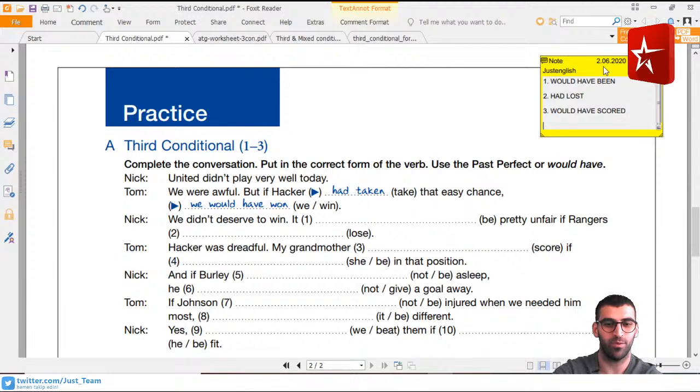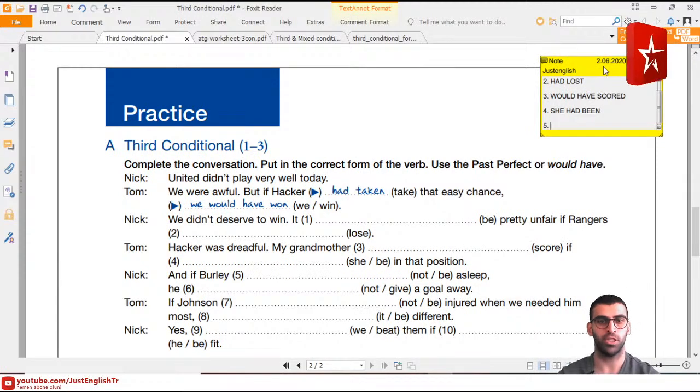Number 4, if she had been in that position. Yes, that is the correct answer. In the main clause we used would have plus the past participle of the verb, and we used past perfect in the if clause.